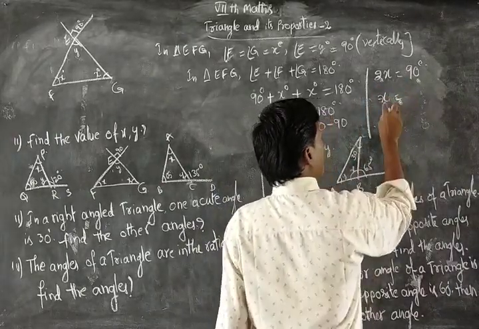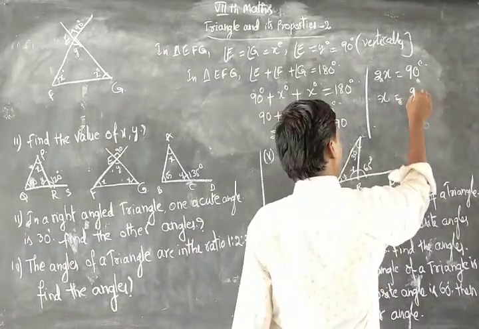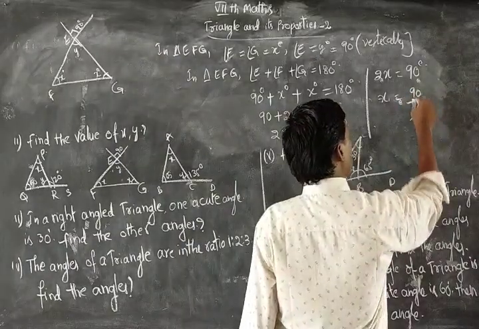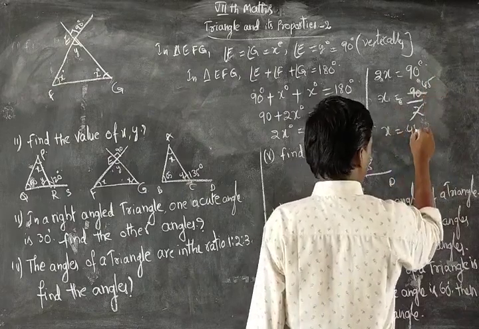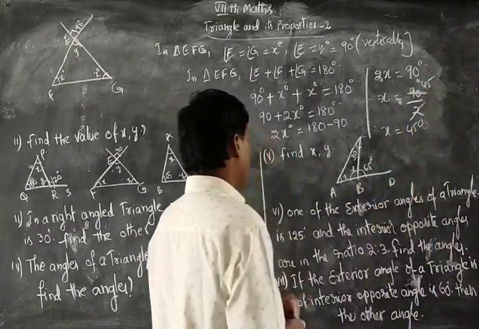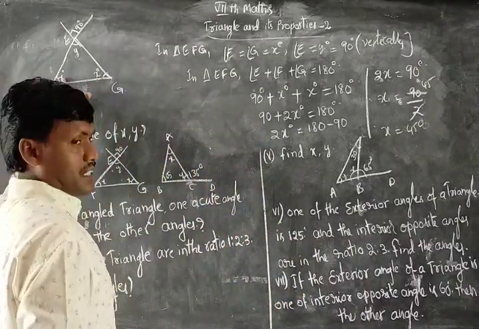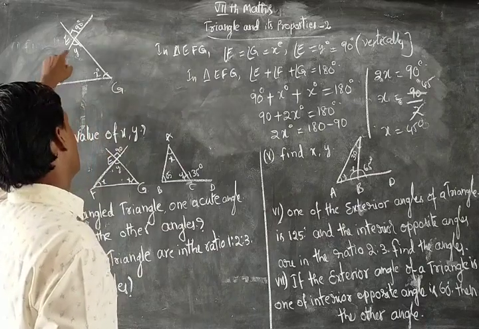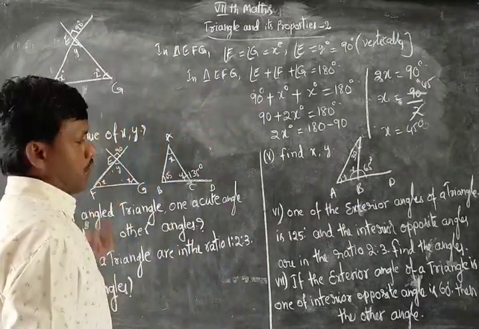Taking x as the subject, we get 90 by 2, which is 45. So the value of x is 45. The other angle is also 45 degrees, and y is 90 degrees. We solved one problem.